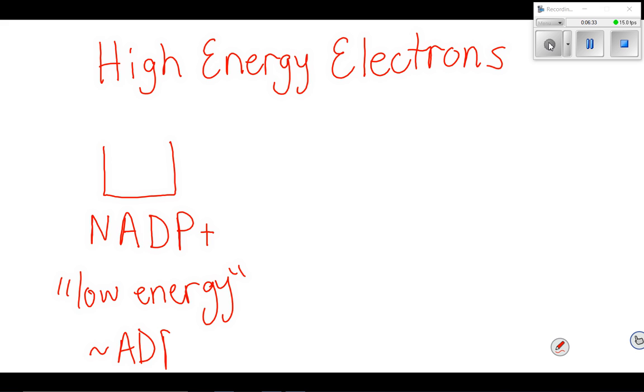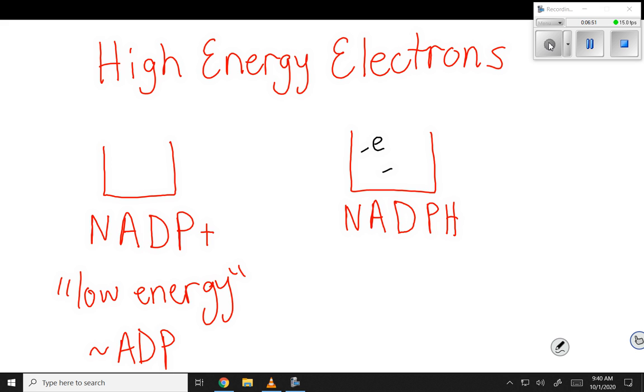And then, when sunlight strikes the plant and it excites the electrons, this box actually fills up with electrons and it gets a name change. It's called NADPH, and it has 2 electrons inside of it. And then this would be our high energy form.